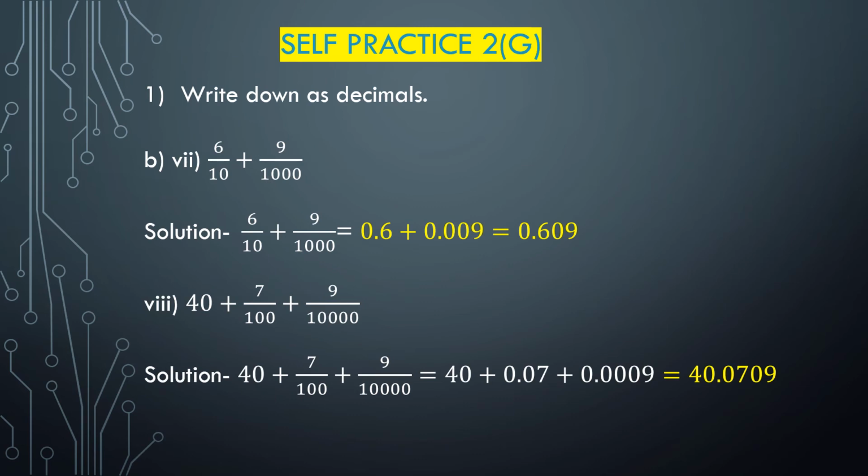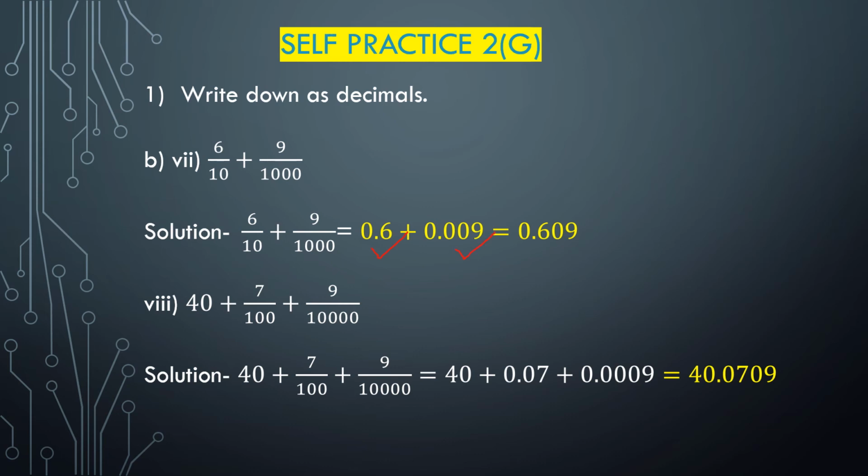Now we solve question number 7b. 6 divided by 10 plus 9 divided by 1000. In 6 divided by 10 there is only one zero, so we have to place one digit after the decimal point, so it will be 0.6. And 9 divided by 1000, in 1000 there are three zeros, so we have to place three digits after the decimal point, so it will be 0.009.